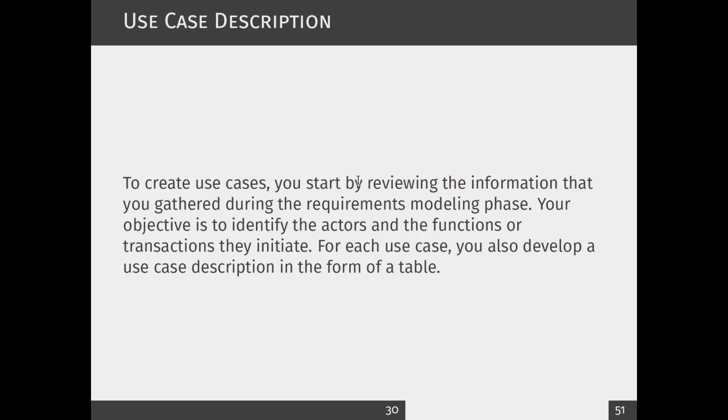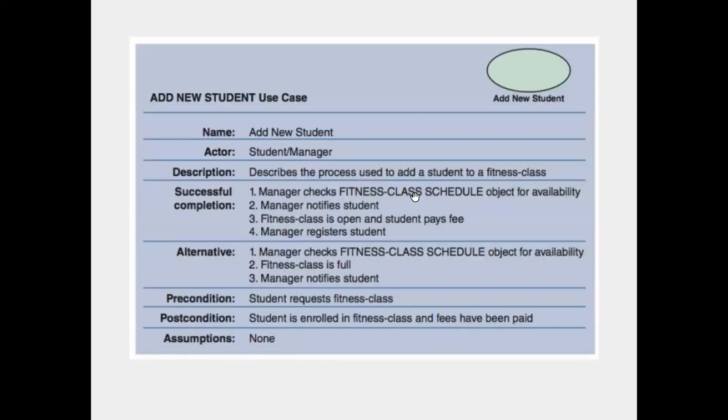So to create use cases, to start with, you look at the information that you have gathered, and then you identify the main objective, which is to identify the actors and the functions or the transactions. So you have to come up with what we call a use case description. Usually that could be something like this for each use case.